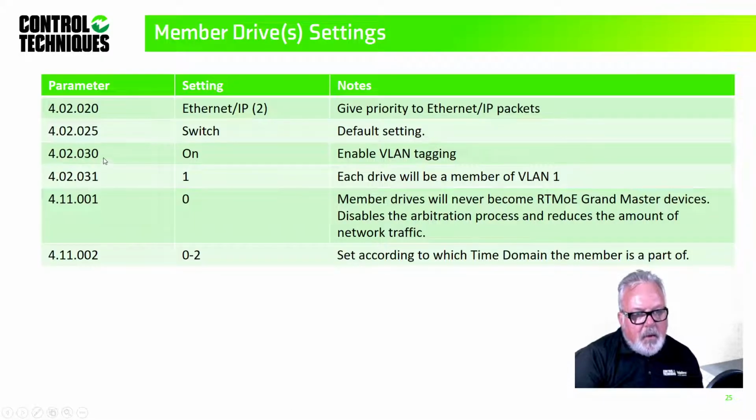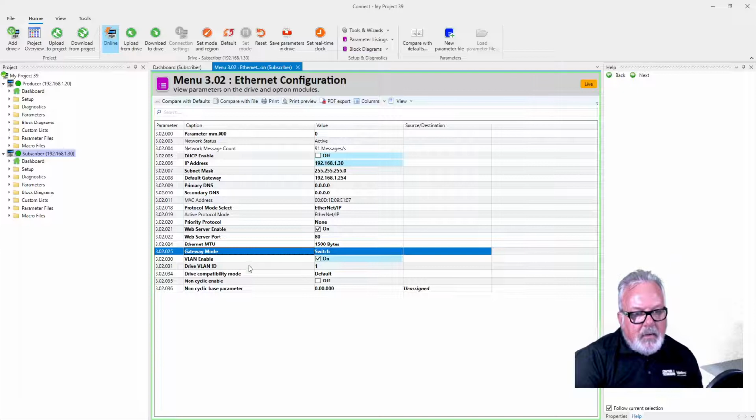But I do want to make sure that I enable VLAN. If I don't do that, I won't be able to receive messages coming through the gateway that have a VLAN tag. So I have enabled VLAN, and the VLAN ID is 1 to match my gateway drive.